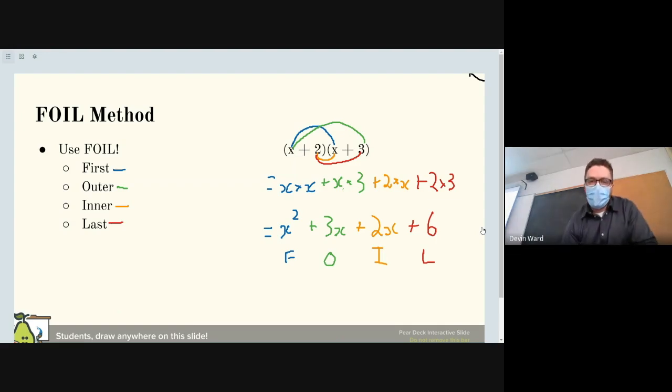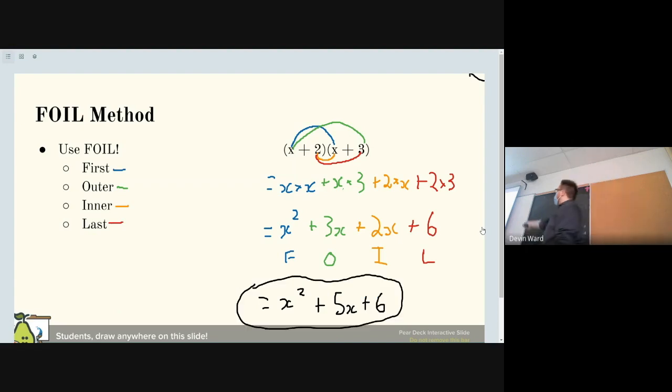And then we can just simplify that. So that would be your final answer, because we have two like terms in the middle here. We have a 3x and a 2x, so we can add those together to get 5x.